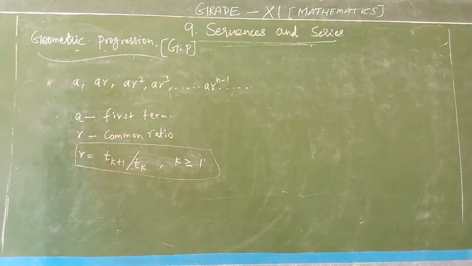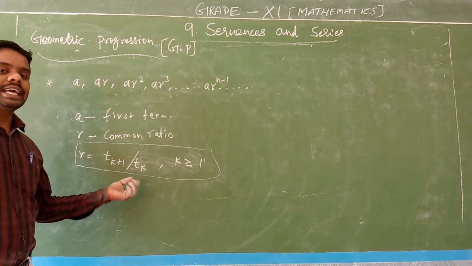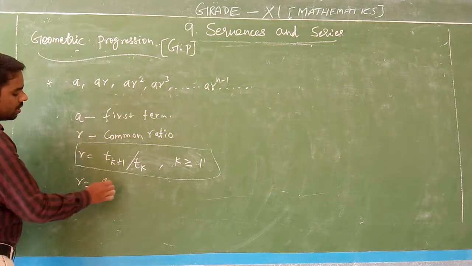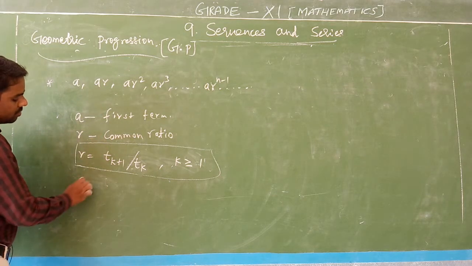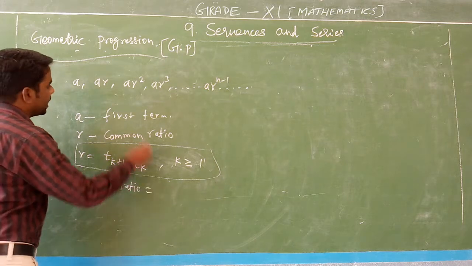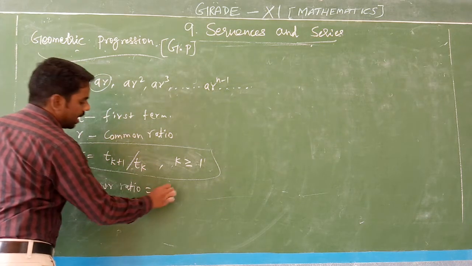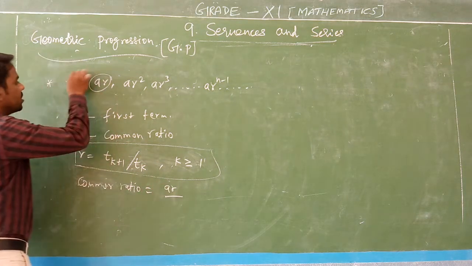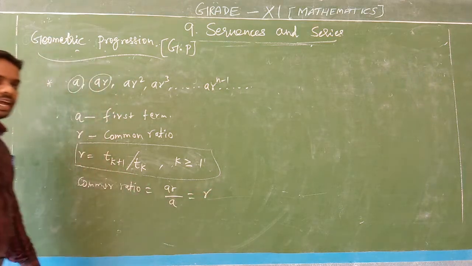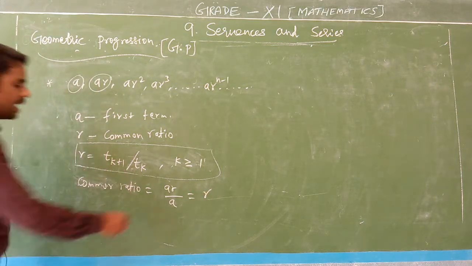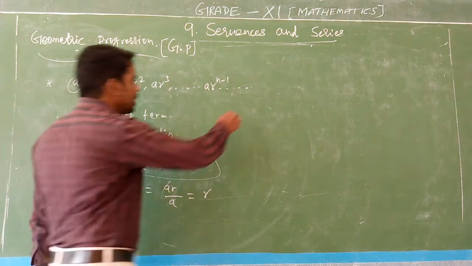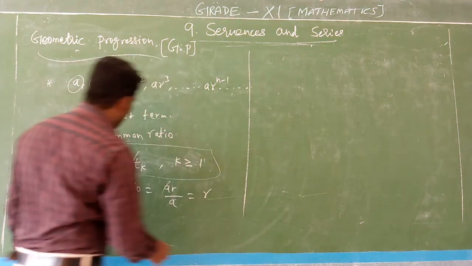So T(k+1) divided by T(k) is the common ratio r. Here the second term is ar divided by the first term a, so ar divided by a is equal to r. The a cancels, remaining r. Next, the common ratio is r.